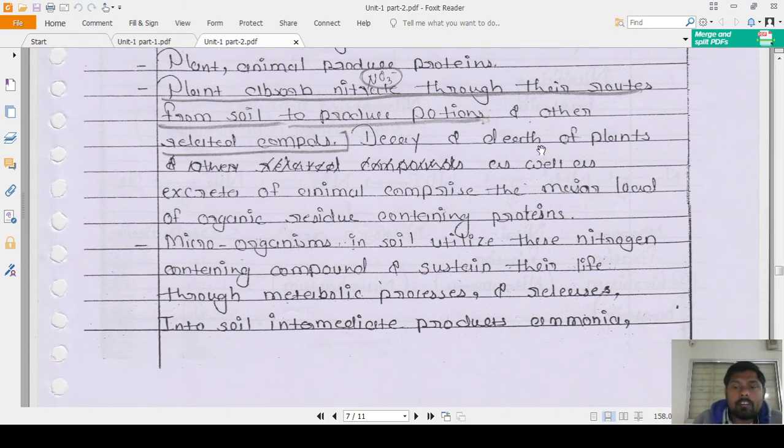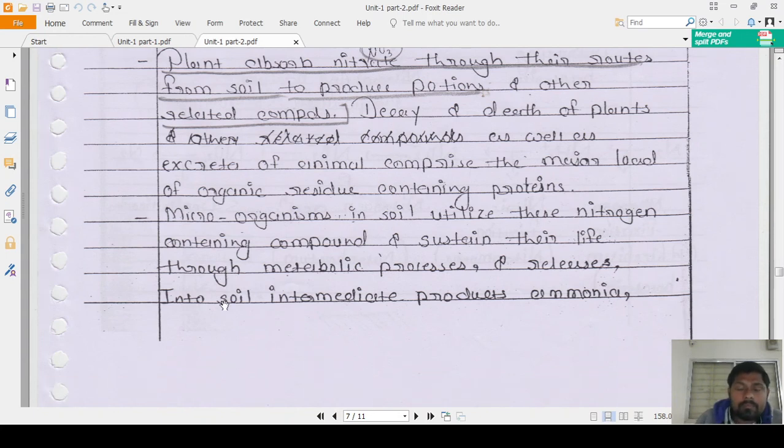Then the decay and death of plants as well as the excreta of animals maintain the load of organic residue containing proteins, which is the major load of organic residue. Microorganisms in soil utilize the nitrogen-containing compounds and sustain their life through metabolic processes.